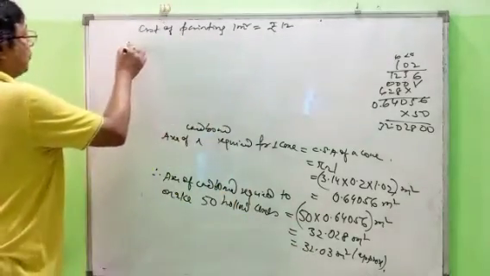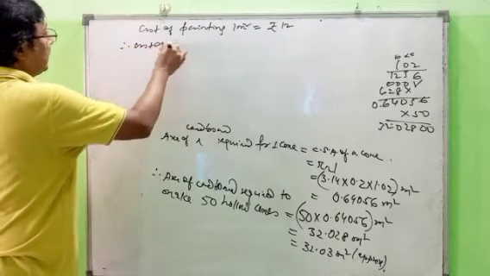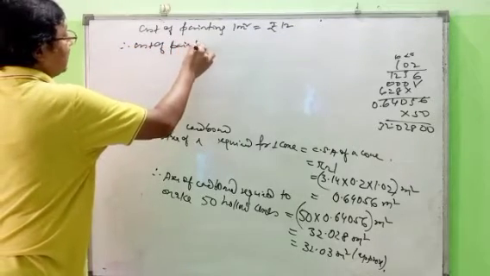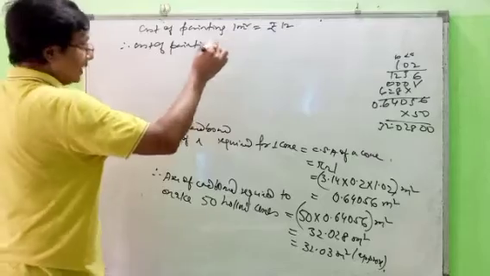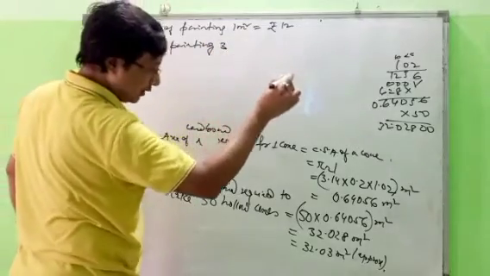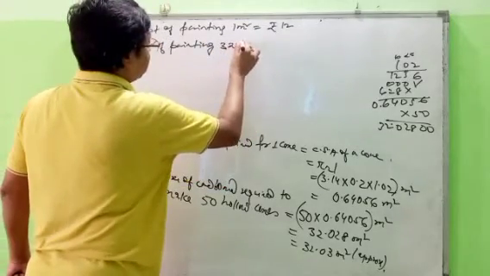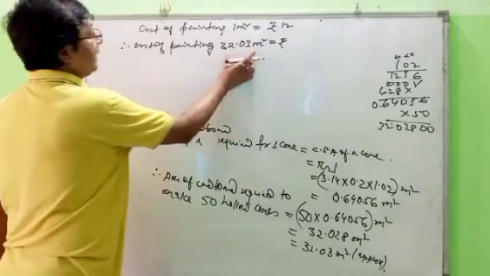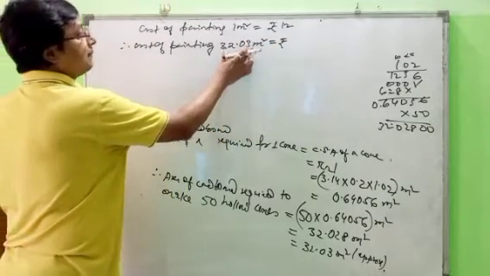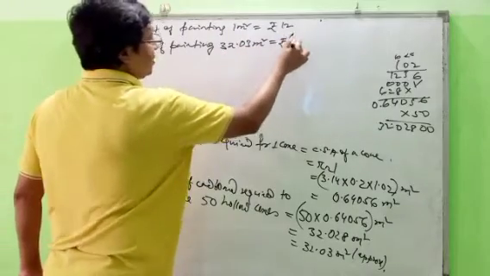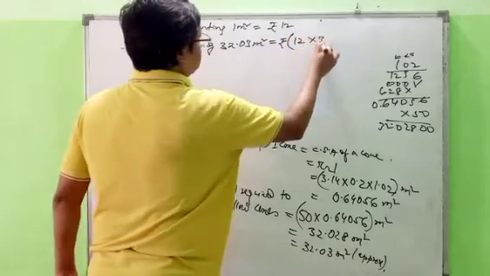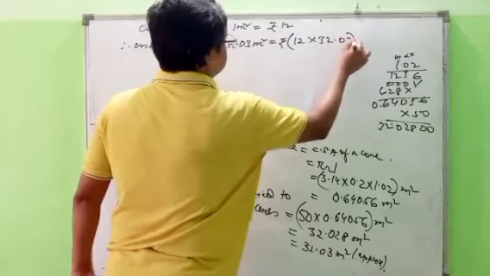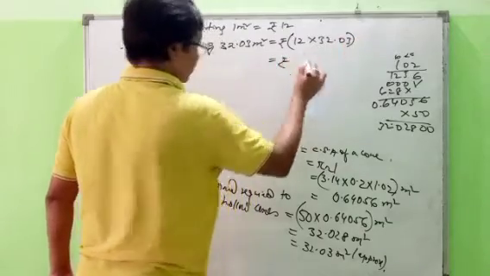Therefore, the cost of painting 32.03 meter square will increase because the area is more, so the amount will increase. So it will be 12 into 32.03, which is equal to rupees.